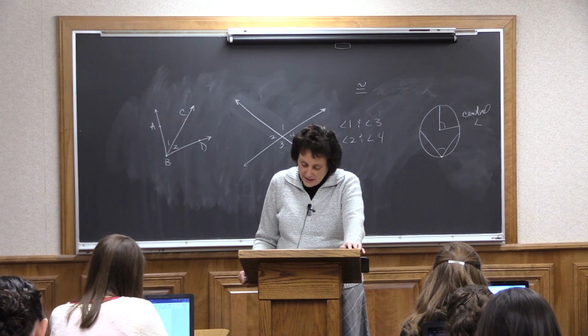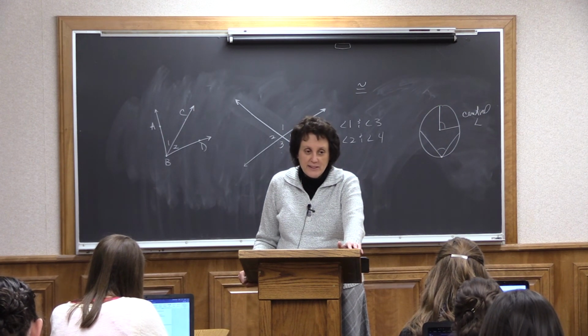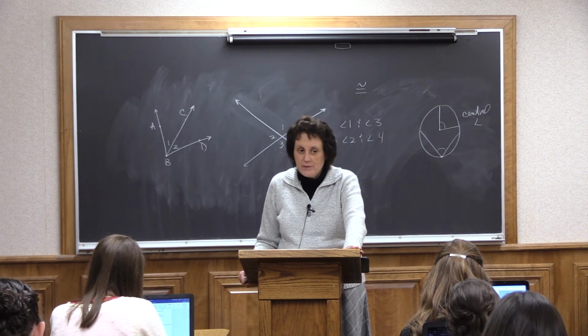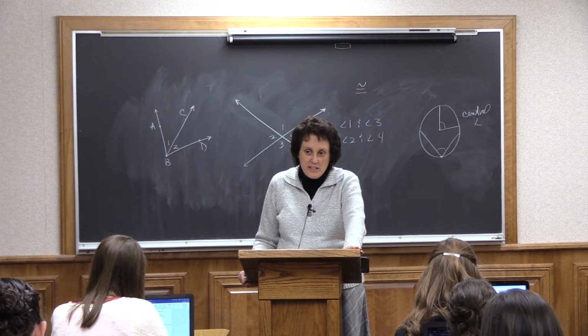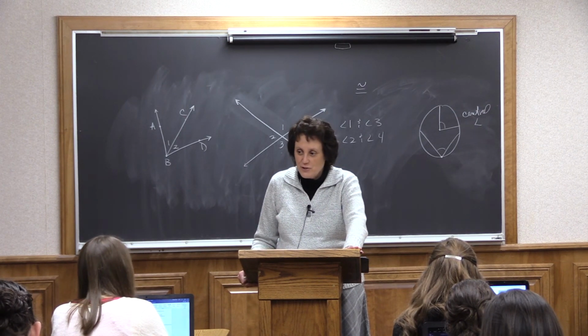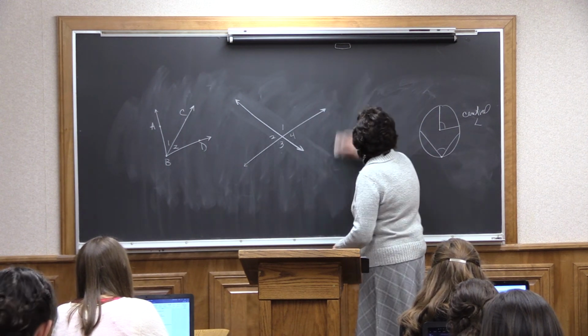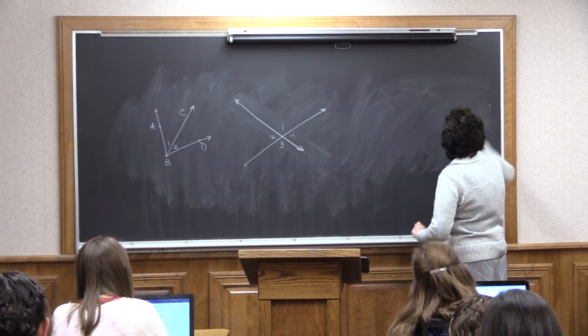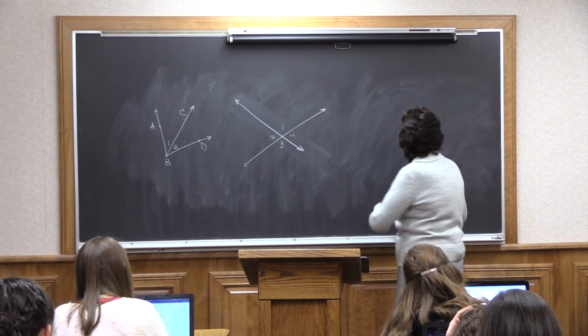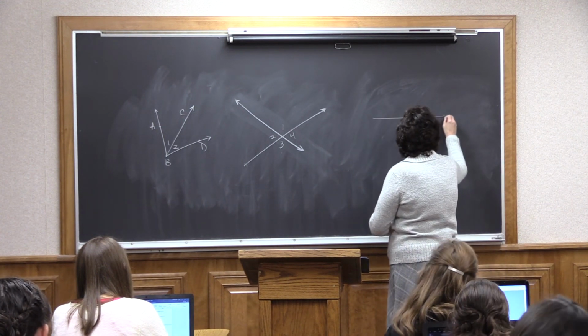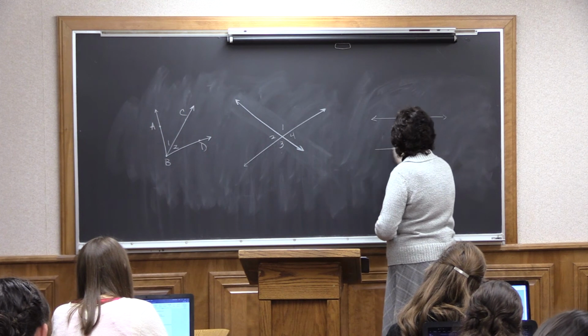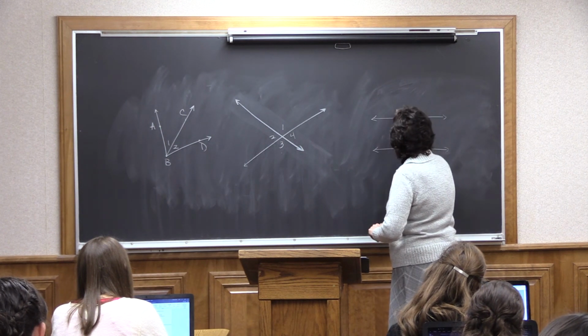Okay, and many of these relationships will come into play with a little figure that shows up a lot in elementary geometry and in junior high geometry, and that is two parallel lines cut by a transversal. This time I will make them horizontal so I don't cause any confusion.